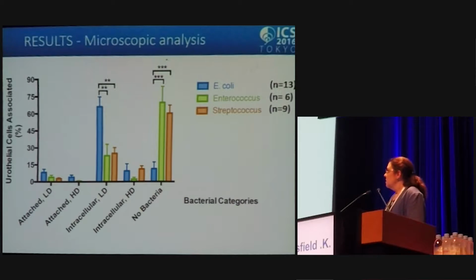These are the results that we saw, and as you would expect with E. coli, a known uropathogen to form intracellular communities, it had a lot of bacteria that appeared intracellular, so more than 60% of the cells that we examined from patients with an E. coli predominant infection appeared intracellular. But we also found that about 25% of the patients with Enterococcus or Streptococcus infections also had bacteria that appeared intracellular.